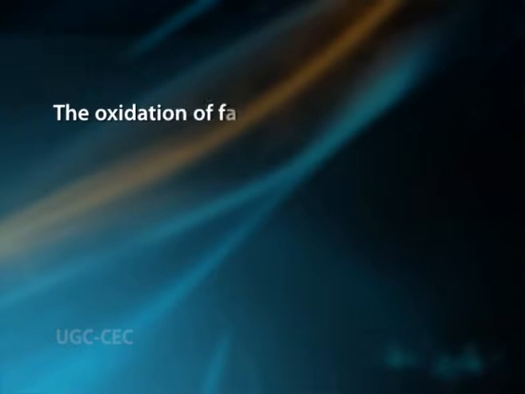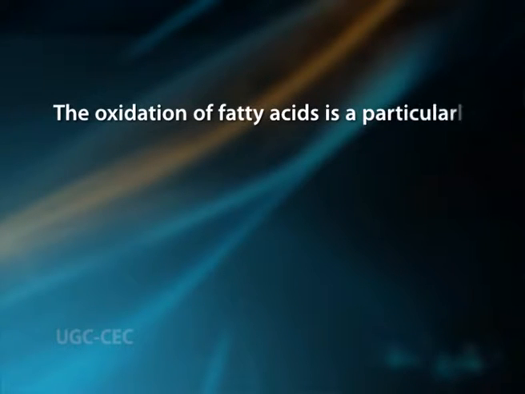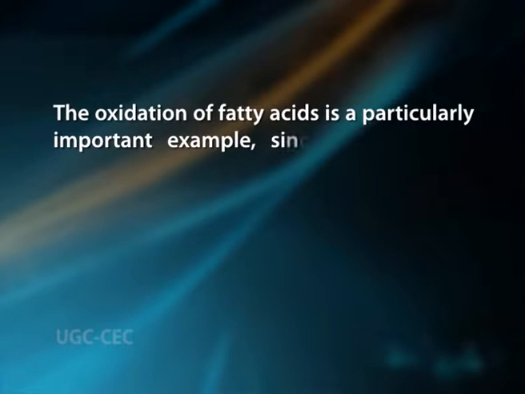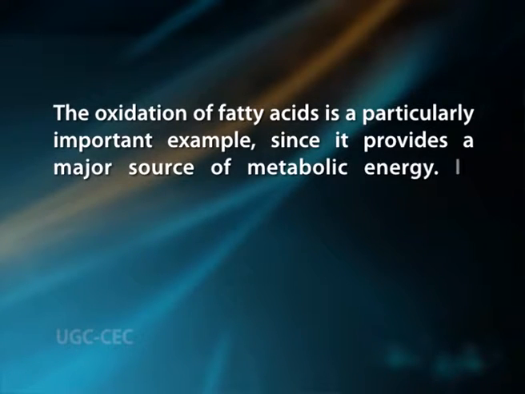A variety of substrates are broken down by such oxidative reactions in peroxisomes, including uric acid, amino acids and fatty acids. The oxidation of fatty acids is a particularly important example, since it provides a major source of metabolic energy.